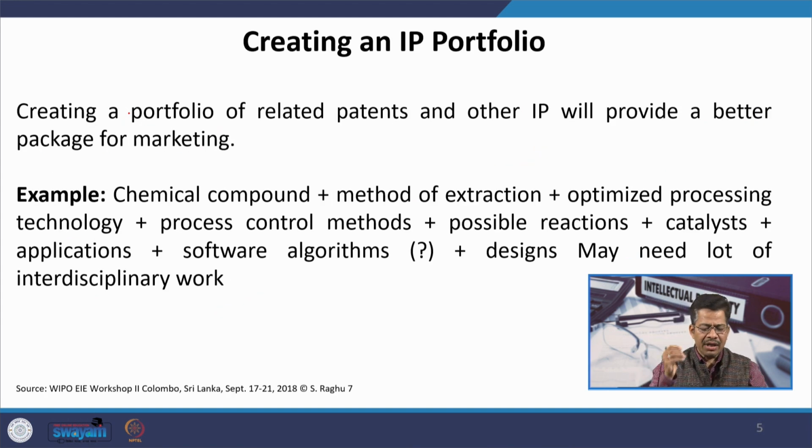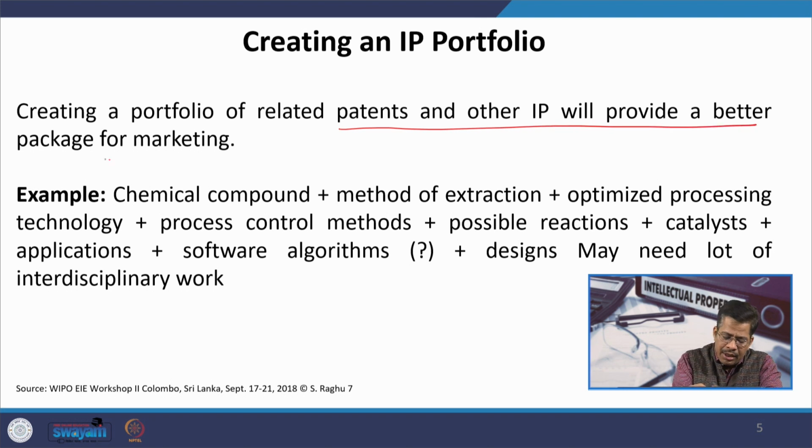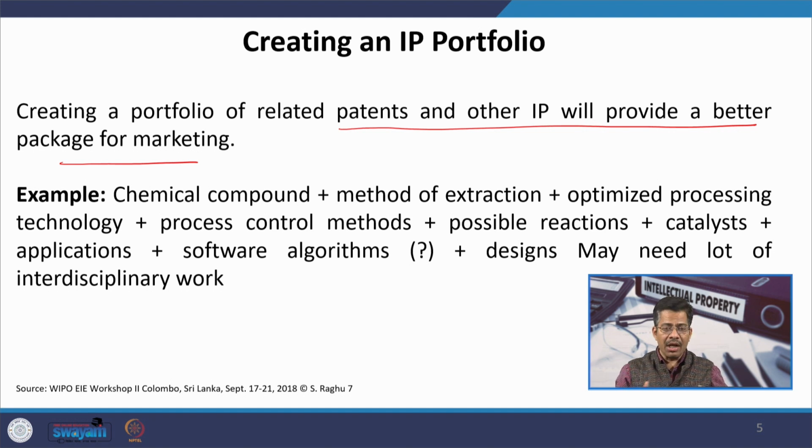Now, when we are creating this IP portfolio, you can understand what type of things we need to keep in mind, and it generally becomes a very solid asset for your marketing purpose. Organizations promote, okay, I have so many patents, so much IP I have created.